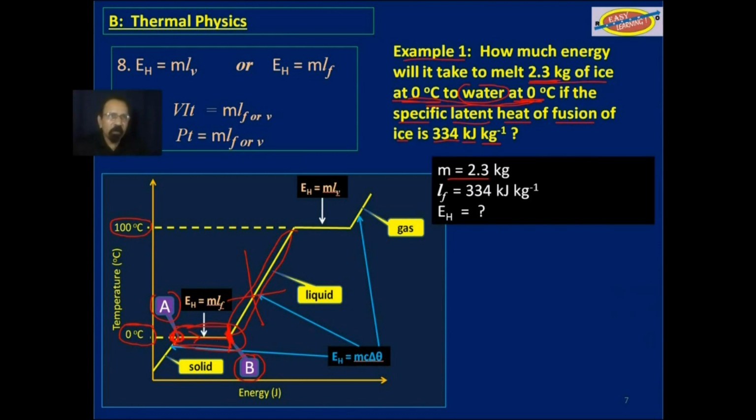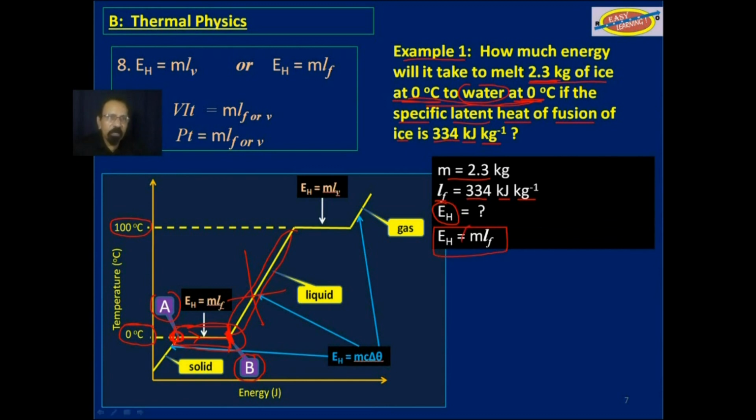Now, we know that the mass is 2.3 kilograms. We know that the latent heat of fusion of water is 334 kilojoules per kilogram. And we want to find how much energy we would have to add to that ice at 0 degrees Celsius to make it water at 0 degrees Celsius. And so we have a very simple equation here. EH is equal to MLF.